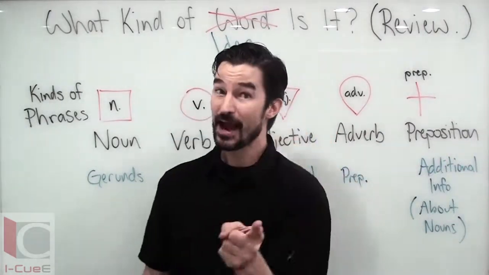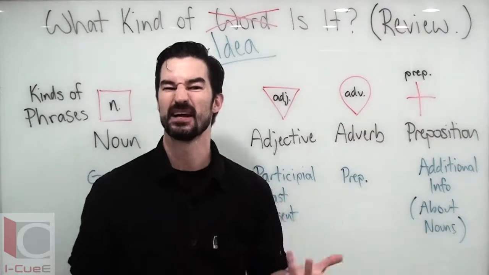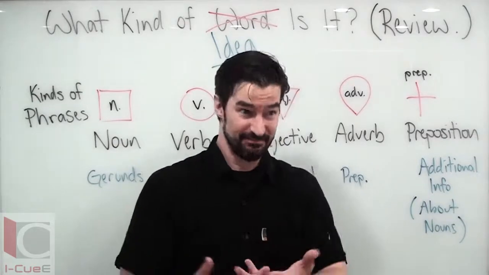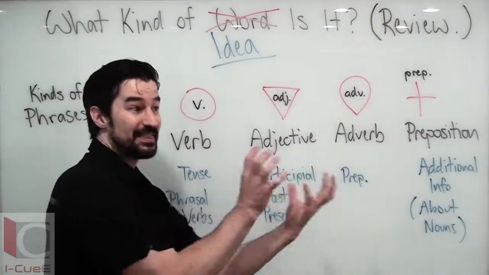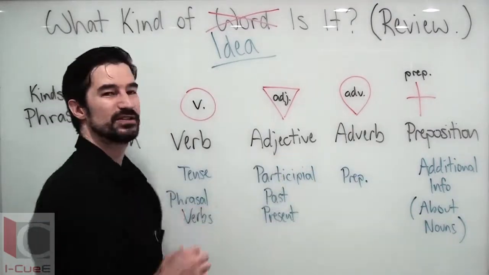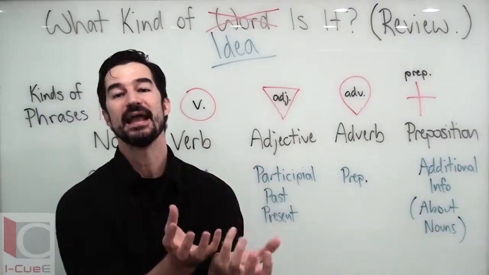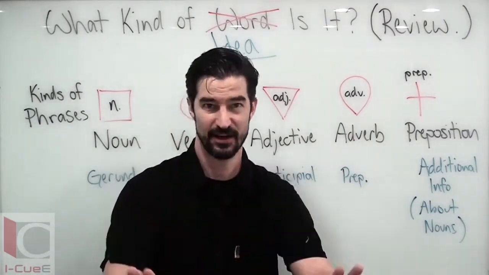But if the verb is irregular, well, past participles can be a little bit of a headache or a handful. You gotta learn the different kinds of verb forms, and participles by themselves are always going to be adjectives. They require other words to make them verbs, the be verb or the verb to have, depending on the tense.